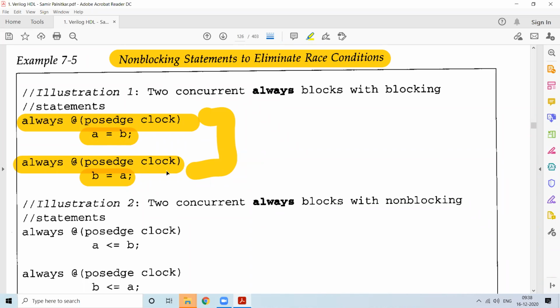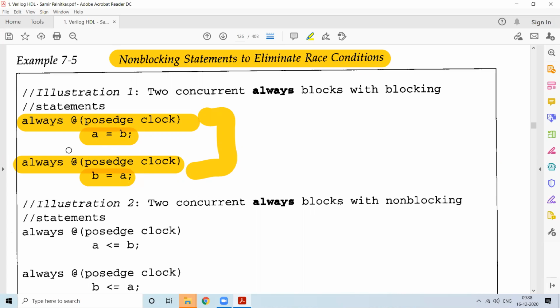So it falls in a race around condition. Here there is one statement, here there is one statement. When there is a race around condition, A is assigned with the value of B, B is assigned with the value of A. So this goes around and runs around, and in the end, both variables will have the same value.